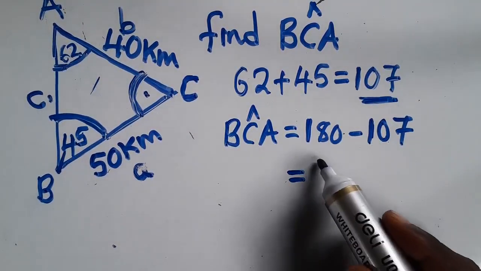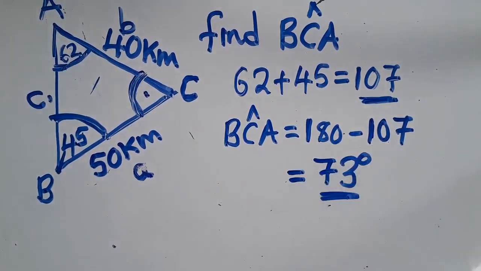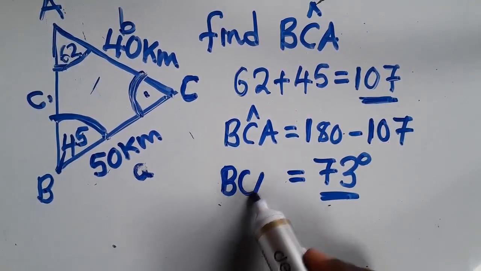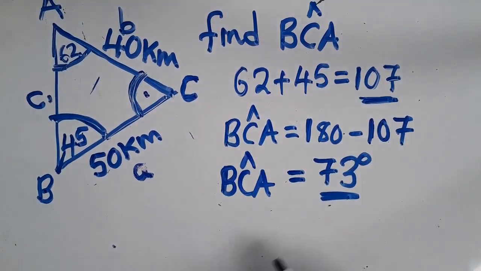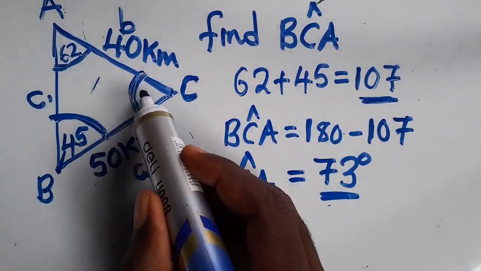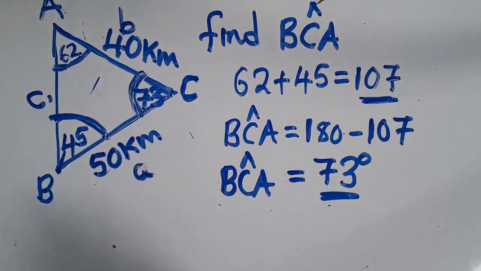You are getting 73. So 73 degrees is your answer. In other words, angle BCA is equal to 73 degrees. So you can now put your 73 there. We found that it is 73.